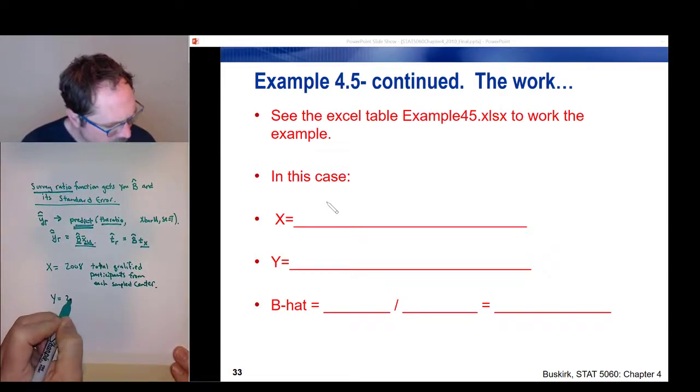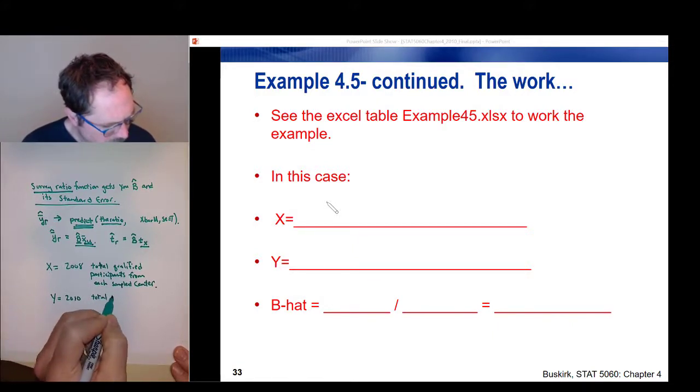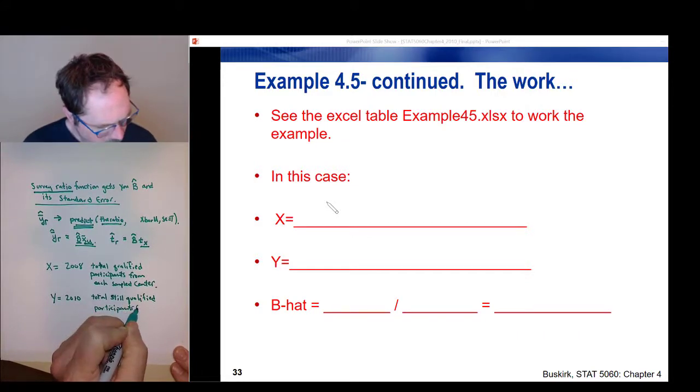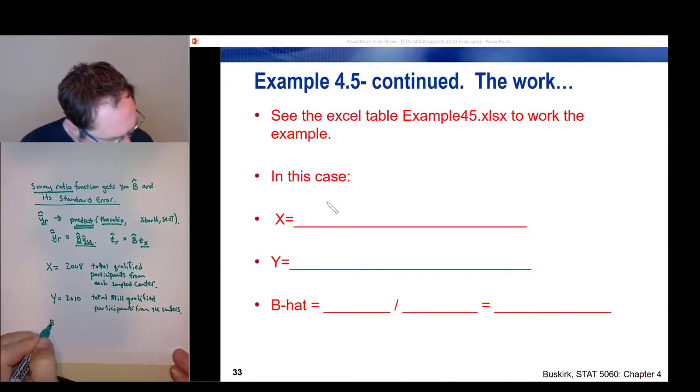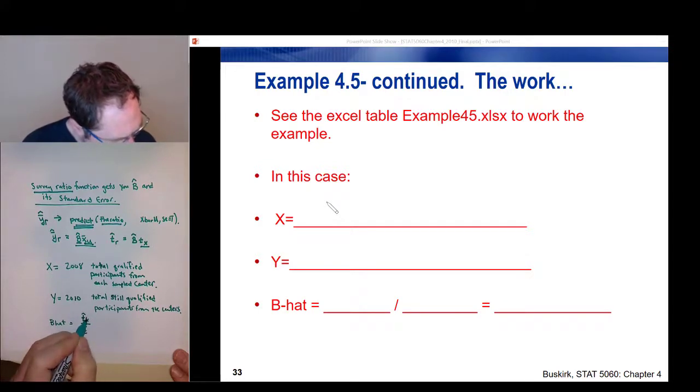And y is the 2010 total still qualified participants from these centers. B hat will be the total from the y divided by the total from the x.